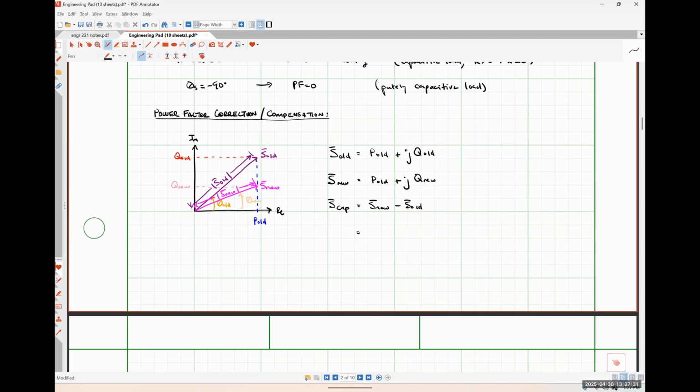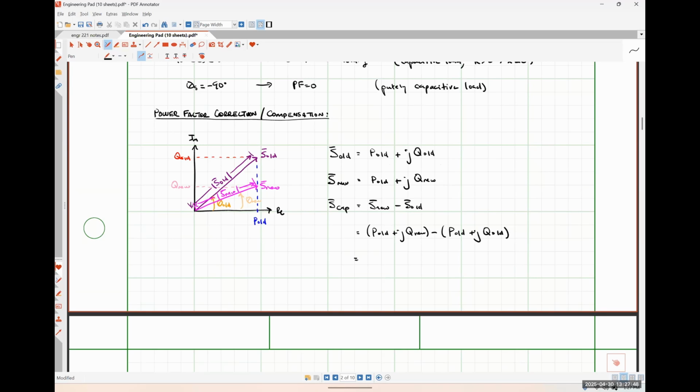And that would mathematically look like P old plus jQ new minus P old plus jQ old.